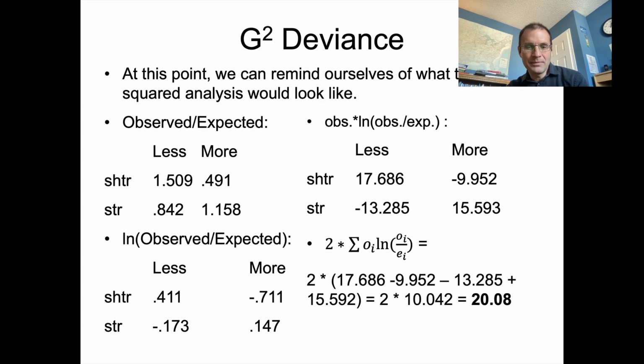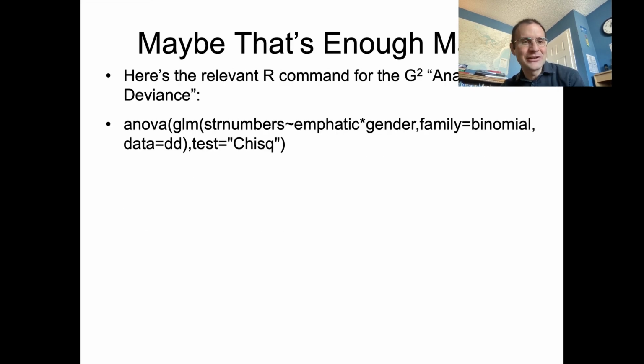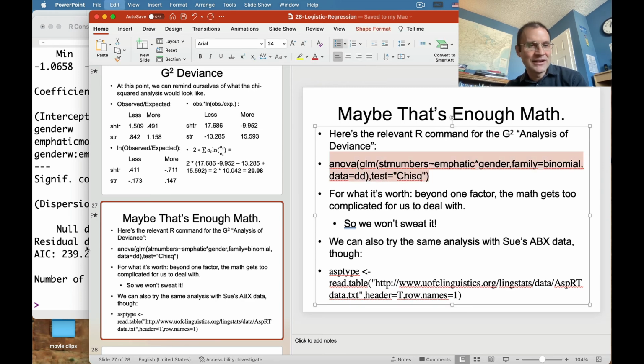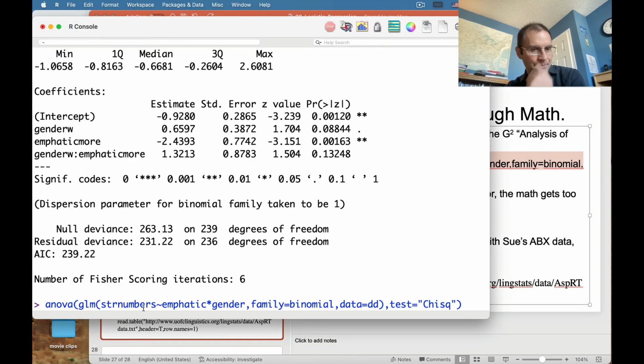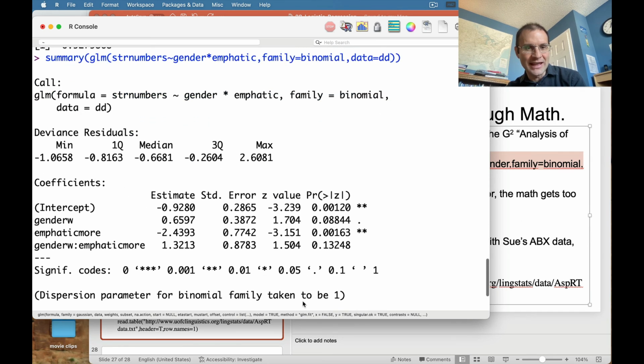Okay, so that's where this comes from, but maybe that's enough math because it's not all that important. What's more important for your purposes is how to run this in R. Basically, it's going to look like what we saw before. This is the analysis of deviance again.